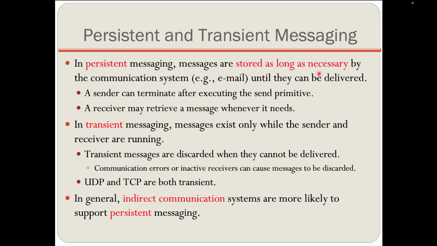So you need to explicitly remove the message from the communication system. But in general, if the system supports an indirect communication model, for example, a mailbox like email, which is a typical example of this indirect communication model, everyone has an email address, right?